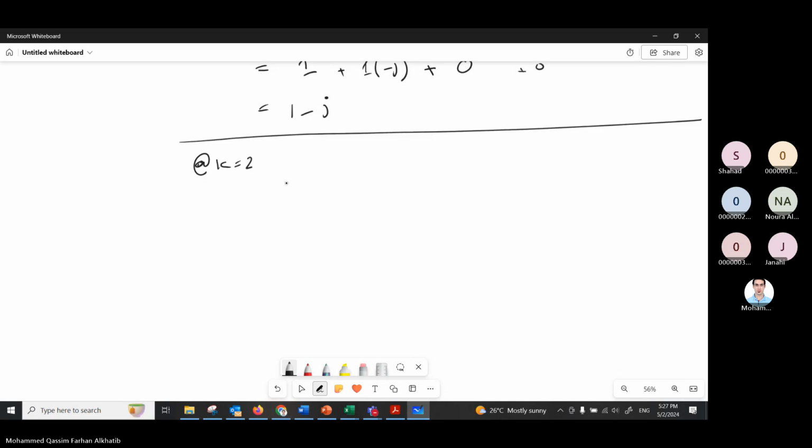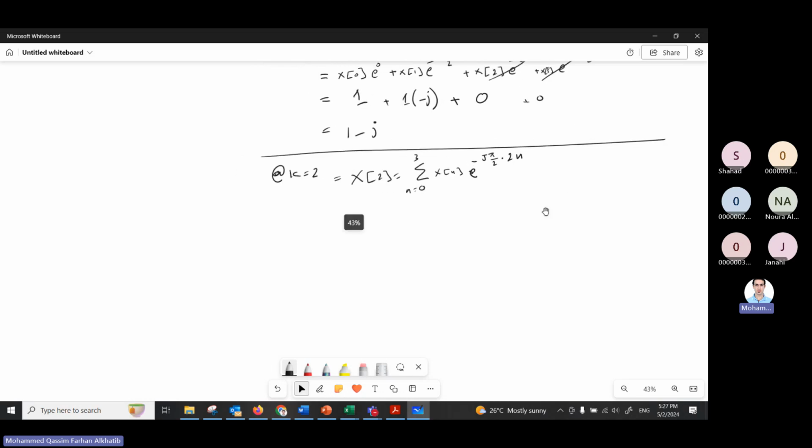You will get X of 2 equals the summation from 0 to 3 of x of n e to the power minus j pi over 2 times 2n, because k is 2 in this case.